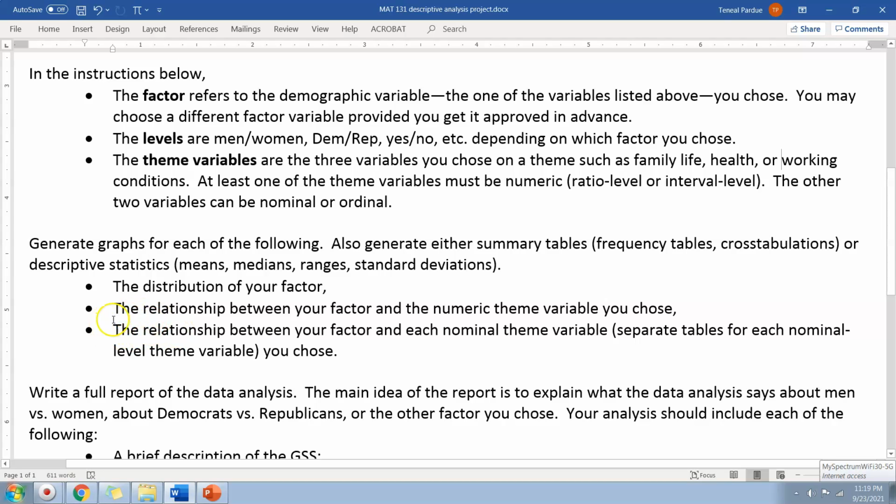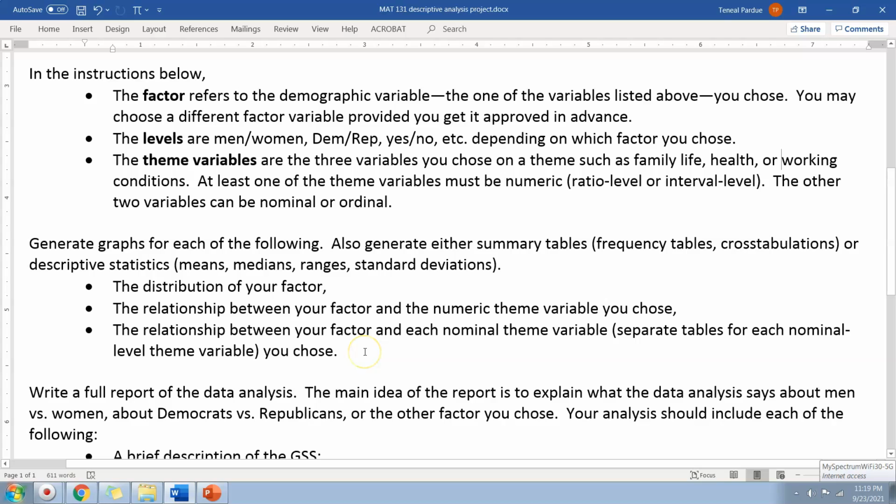Then you're going to do another bivariate analysis where you look at your factor and then your nominal theme variable. And you're going to do that twice probably if you have both categorical variables here. And what I want you to do here is, we said you're going to want to do either row percentages or column percentages.